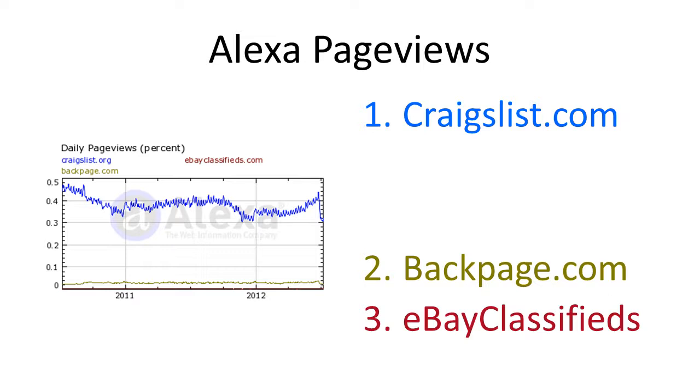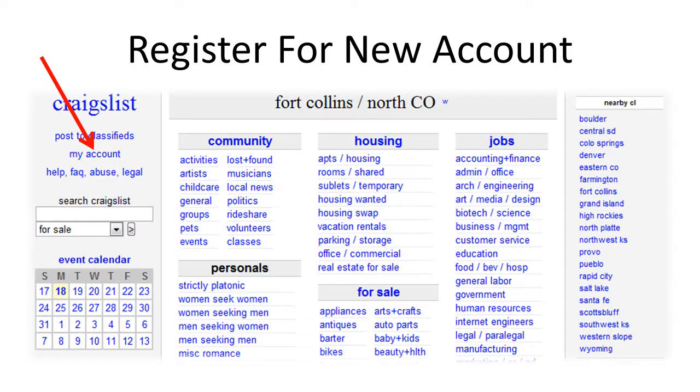So Craigslist is a huge amount ahead as far as daily page views. While this doesn't tell you specifically about real estate, I can tell you that in general it's the same. Craigslist has more traffic than Backpage and eBay Classifieds, and that's probably true in their real estate categories as well. But this is traffic to overall Craigslist, overall Backpage, and overall eBay Classifieds.